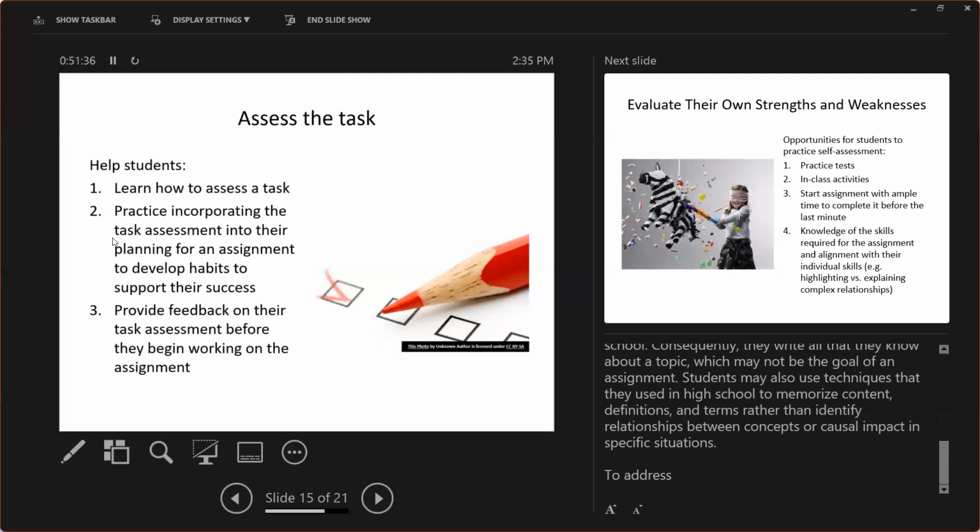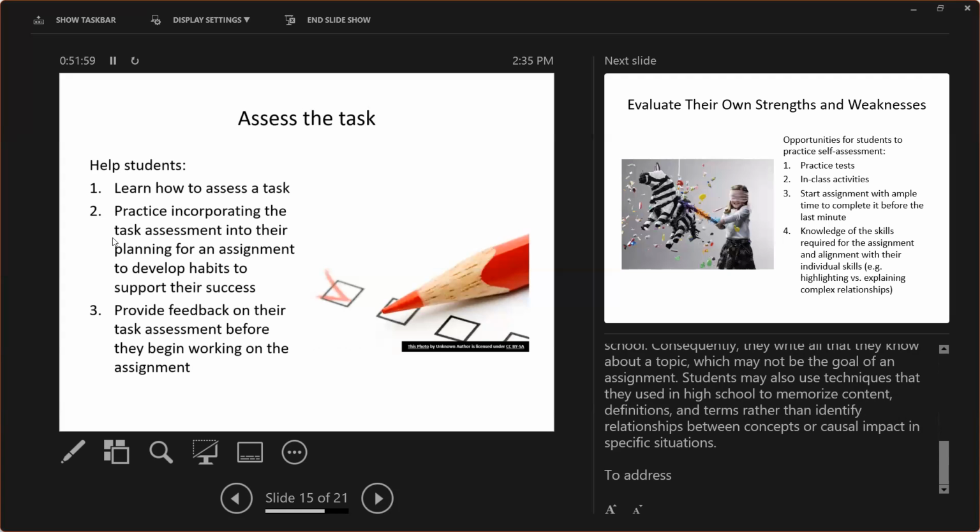And when you conduct one of these guided assessments of the task activities, you can provide students feedback on their task assessment and say, okay, you've said that you're going to write a paper about the historical events of this particular time period.